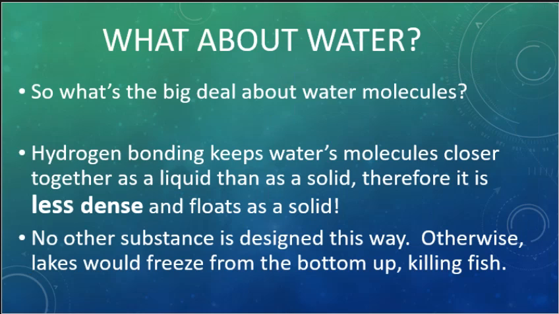When it turns solid, they actually kind of stiffen up, almost like they freeze and stiffen up like this. And it actually makes the solid version of water bigger, so it gets larger. Because of that, it's less dense and it floats, because they move the molecules a little farther apart. Does that make sense?